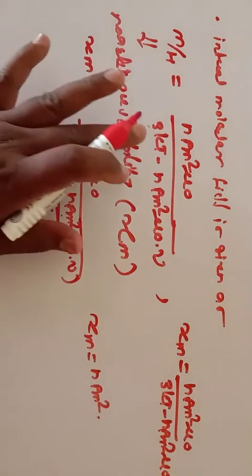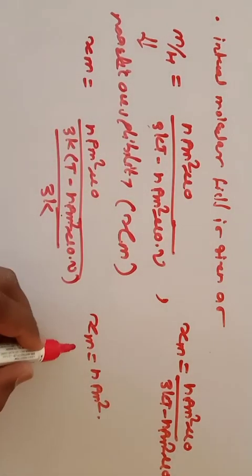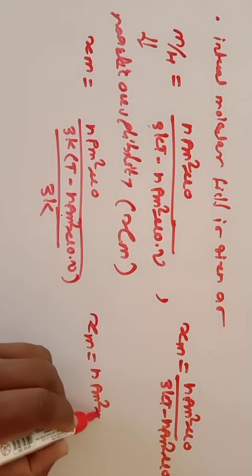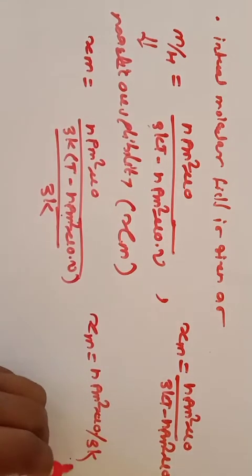You only need to understand up to this: we take 3k as a common. For getting 3k as a common, you have to divide the denominator by 3k, and the other terms stay the same. So what you get here is n pm square mu 0 upon thrice k.